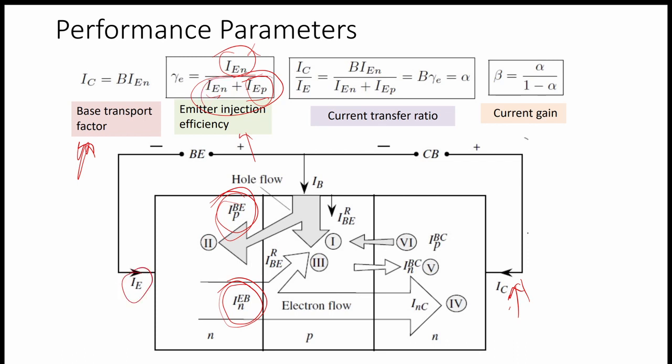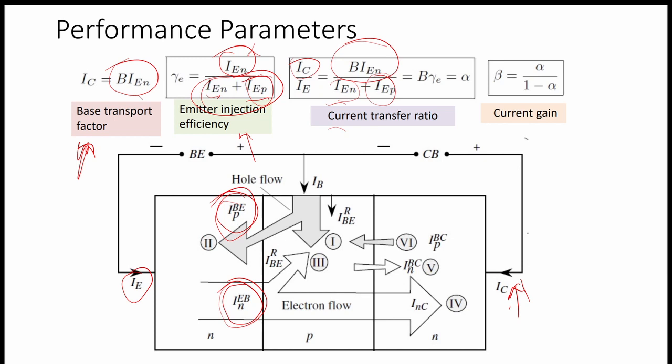Another is the current transfer ratio, IC divided by IE. We are giving some current at the emitter junction and seeing how much it is at the collector junction. So it is given by IC by IE. IC we can write as B into IEN, over IEN plus IEP.